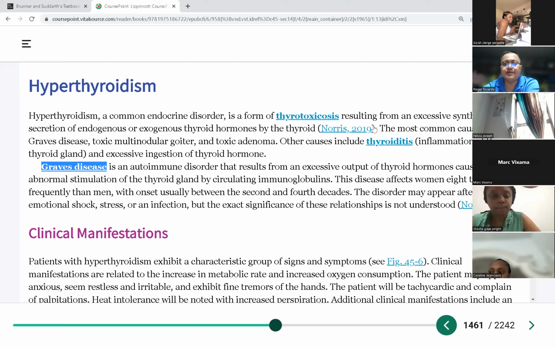Here, what do you think will be the cause of iatrogenic hyperthyroidism? Treatment of hypothyroidism. You treat hypothyroidism and then you end up giving the patient too much thyroid hormones. What will the patient develop? Hyperthyroidism.